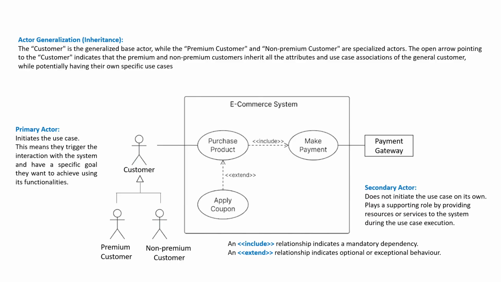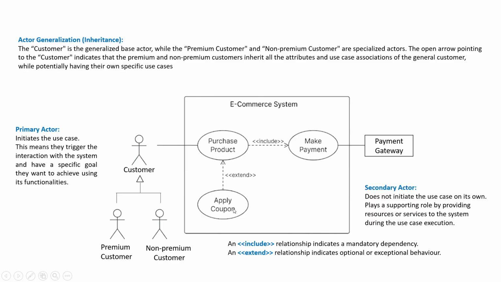It only happens in some cases, and for the include, it always has to happen along with the use case. So the use case of purchasing a product includes the use case of making a payment. This means that a product cannot be purchased without making a payment.